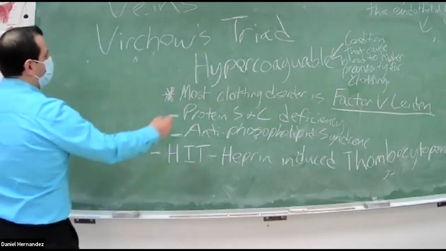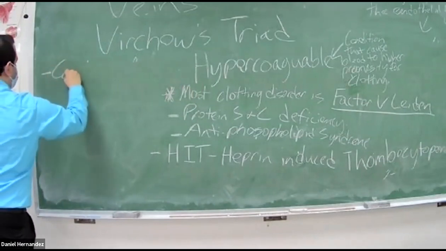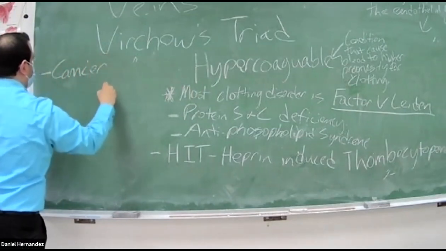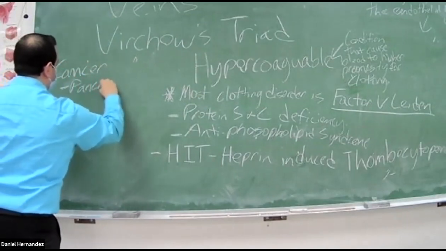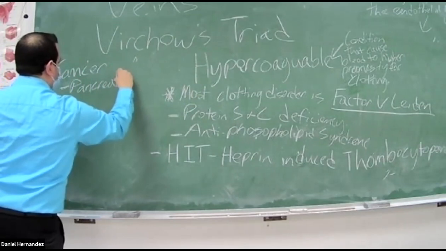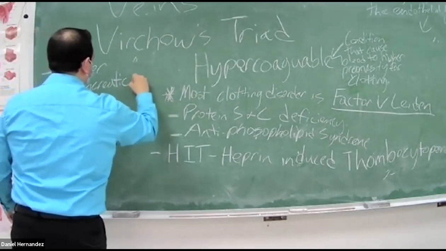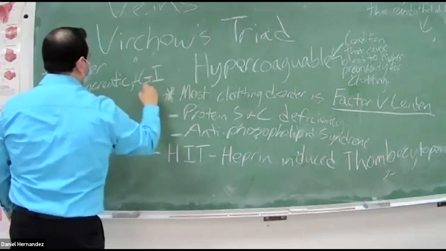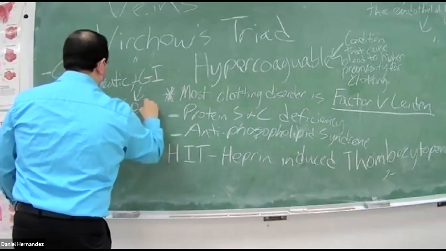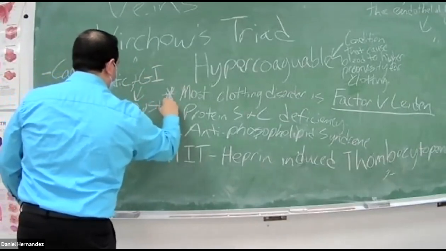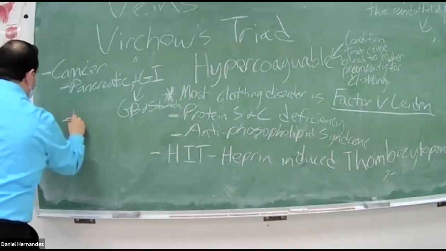So again, under hypercoagulable, we also have cancer, particularly pancreatic, and GI cancers like gallbladder and stomach. Also lung cancer.